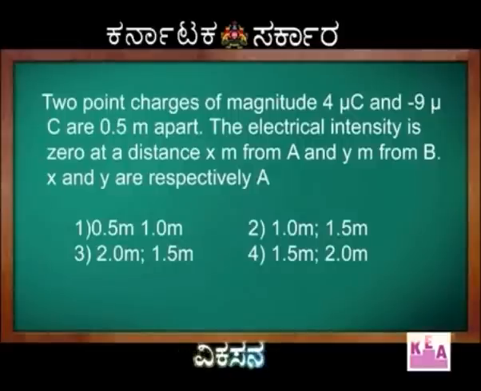The electric intensity is 0 at a distance x meter from A and y meter from B. x and y are respectively: first option, 0.5 meter and 1 meter; second option, 1 meter and 1.5 meter; third option, 2 meter and 1.5 meter; fourth option, 1.5 meter and 2 meter.